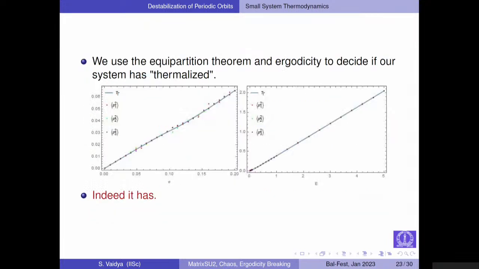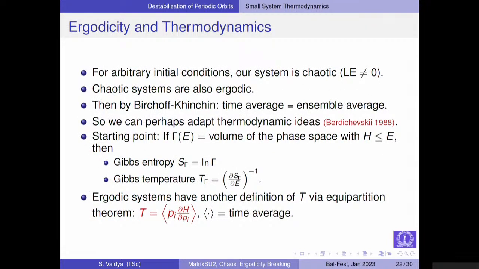And then you can define the Gibbs temperature, or 1 over the Gibbs temperature, as just the derivative of S with respect to E. But for ergodic systems, we have another definition of temperature through the equipartition theorem, which is that the temperature is the time average of p times ∂H/∂p. For each i, this is not a sum over i. So there are actually many equations.